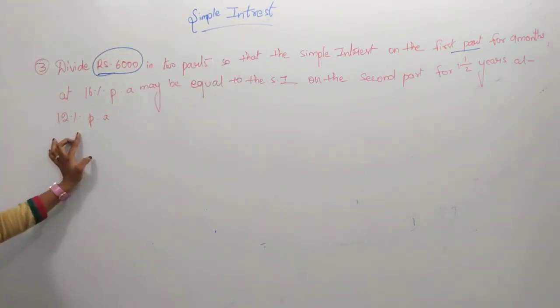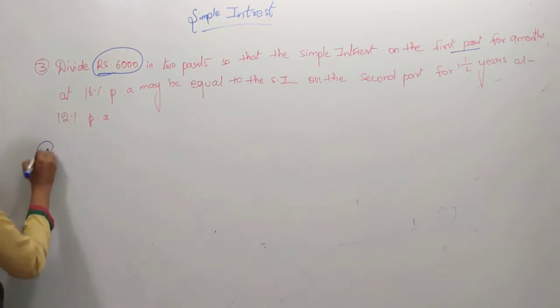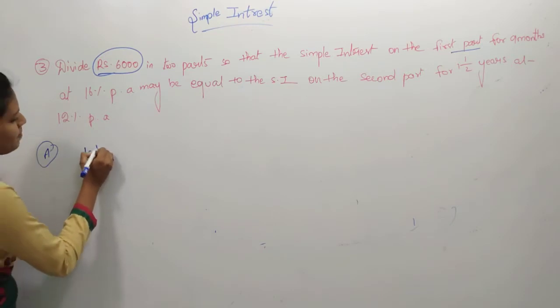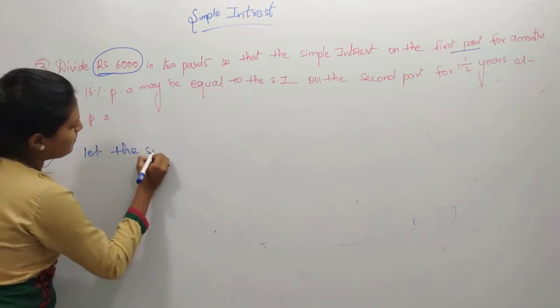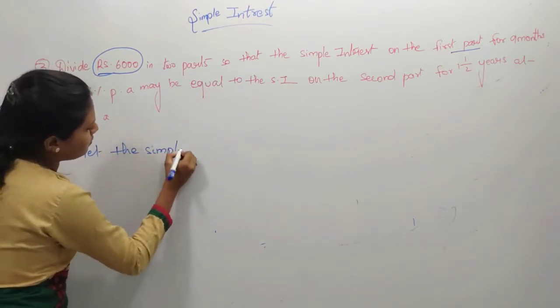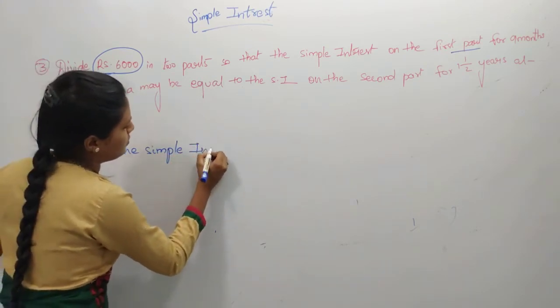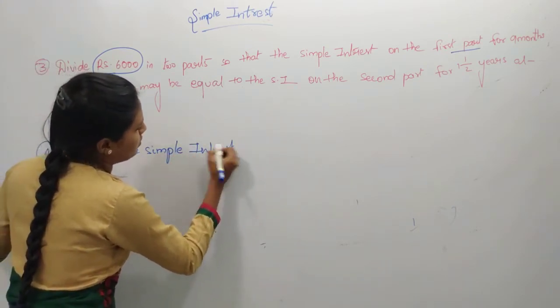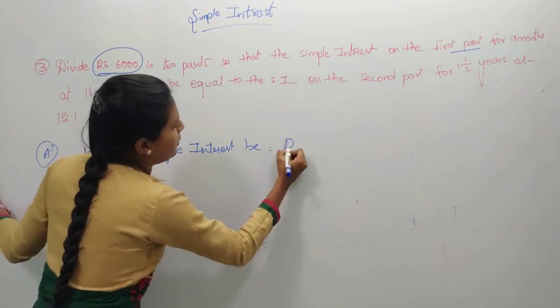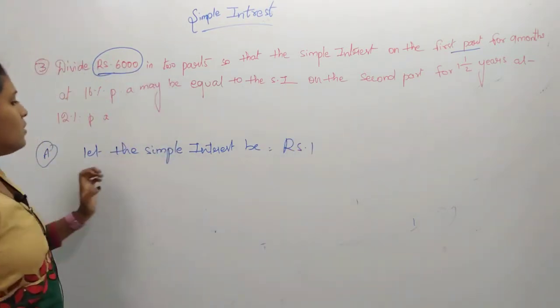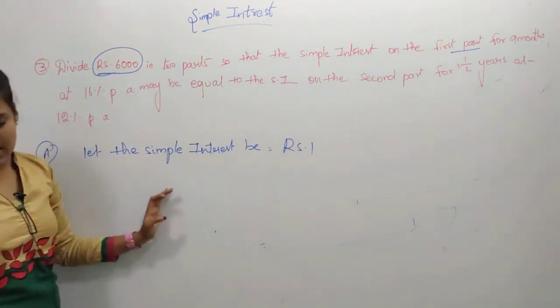Then what do you have to do? Let the simple interest in each case be rupees 1.